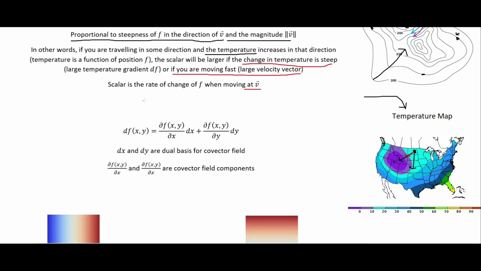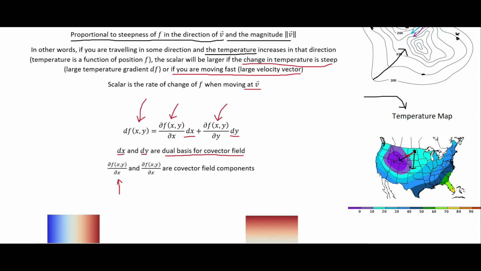And so we have our df of x and y is equal to, so this dx and this dy are our basis, and then this partial of our function with respect to x and this partial of our function with respect to y are our components. So the dx and dy are the dual basis for the covector field.